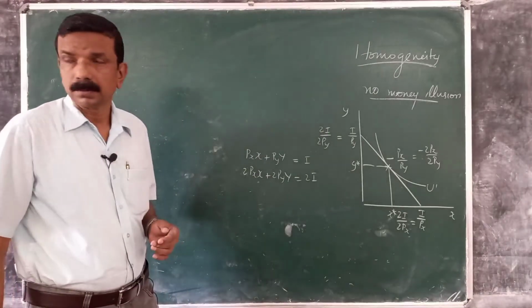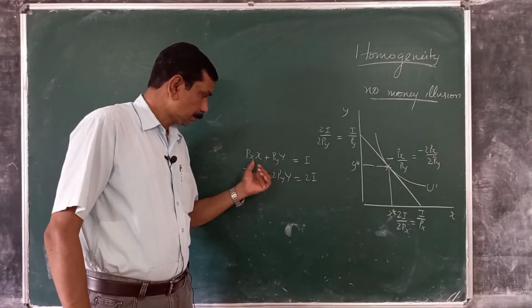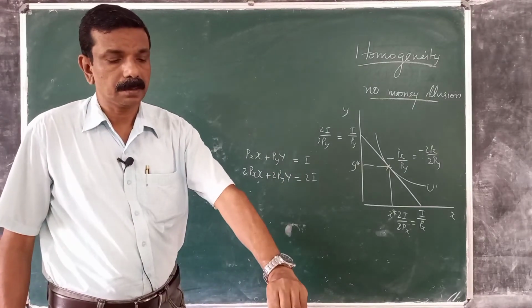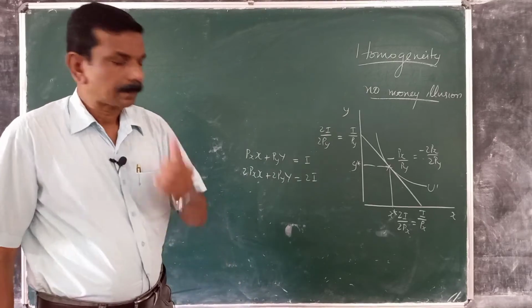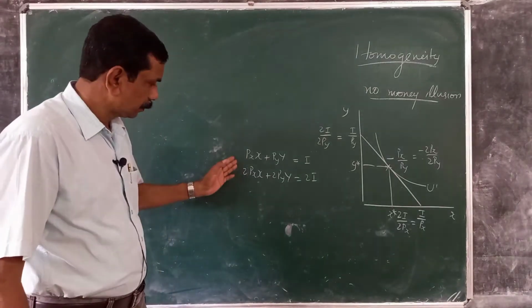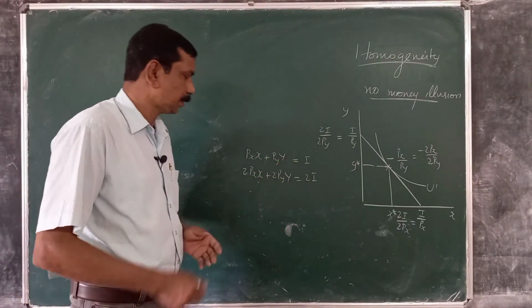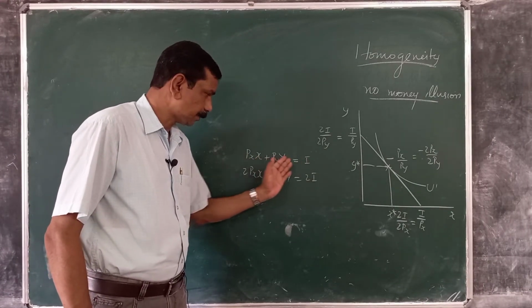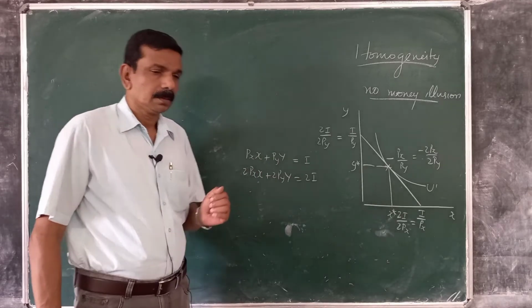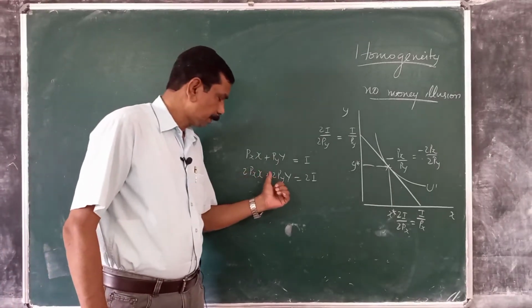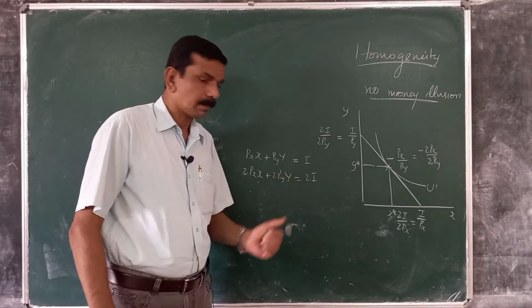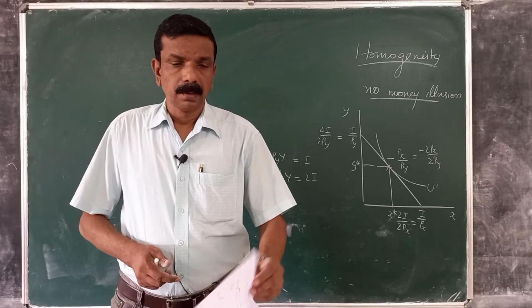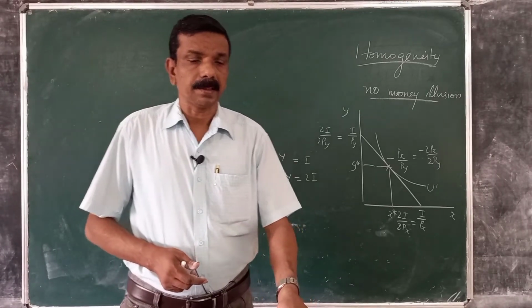Multiplying px, py and income by 2 gives the same budget line. So both the constraints are identical.